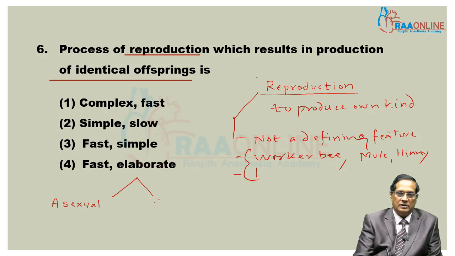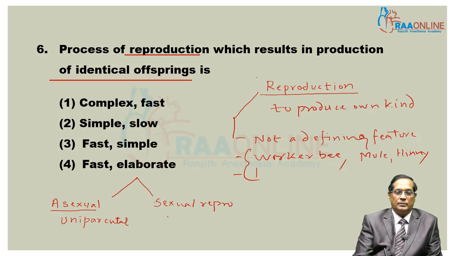Number 2, sexual reproduction. There are 2 types of reproduction, asexual and sexual reproduction. Asexual reproduction is uniparental. That is, only one parent is involved. Whereas sexual reproduction may be uni or biparental.